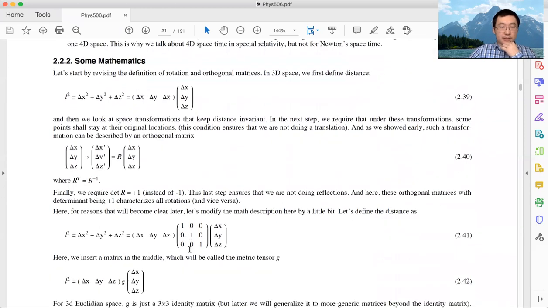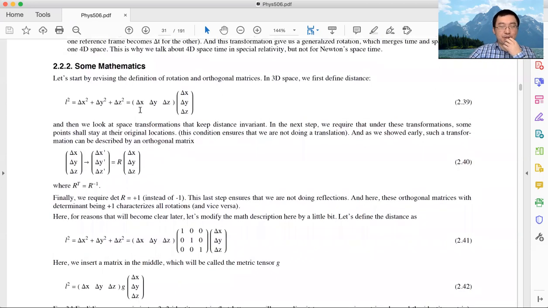And finally, let's do some quick review again about mathematics. This is something we just discussed earlier today. We know that in 3D space we can define distance squared, and we can write it in this structure: row vector times column vector.